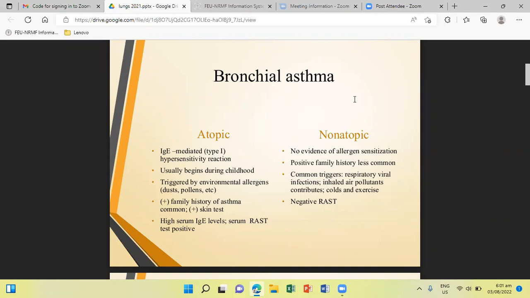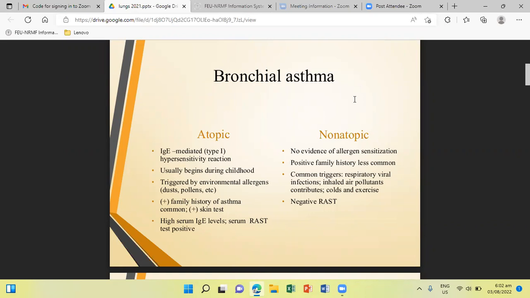The classic history is that your patient has had it since childhood, and the attack is triggered by environmental allergens. It usually runs in the family, so there is a positive family history. If you do a skin test, it will immediately result in a wheal and flare reaction.